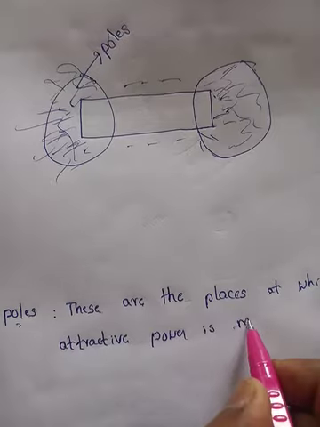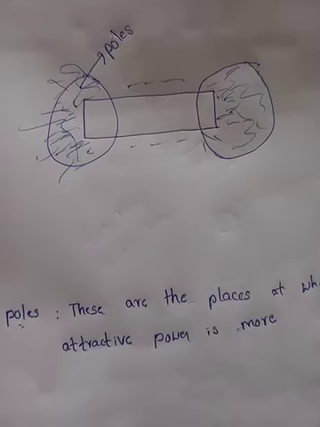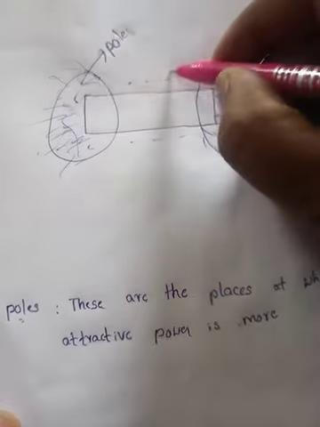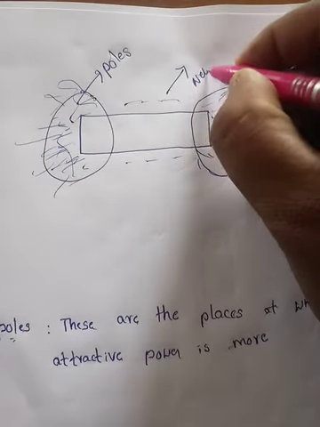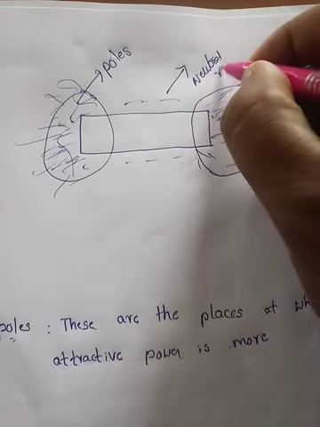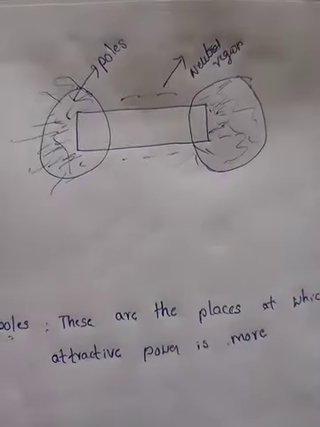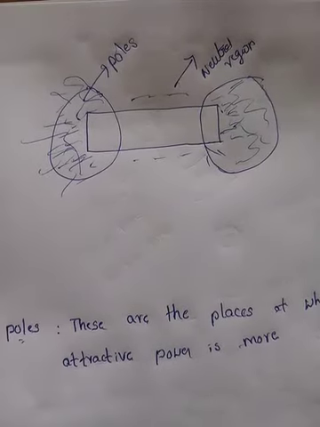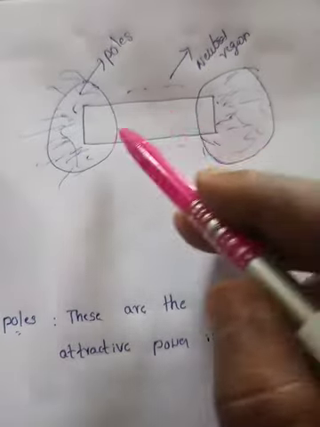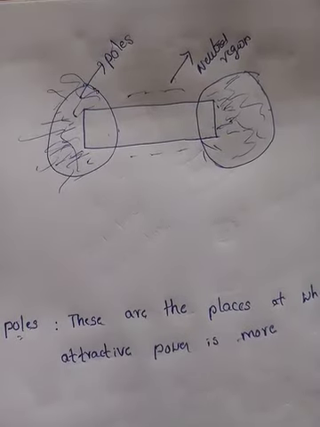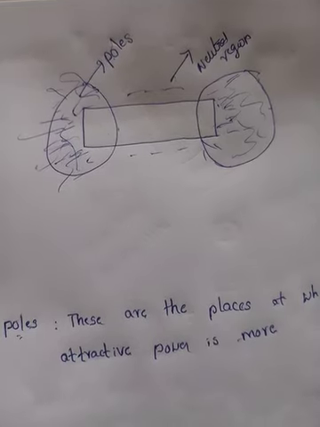The places where the attractive property is more are called poles, and the place where attractive power is less is called the neutral region. So, the place at which attractive power is more is called what? Poles. Now we can find that the poles are present at the ends and the neutral region is this region.